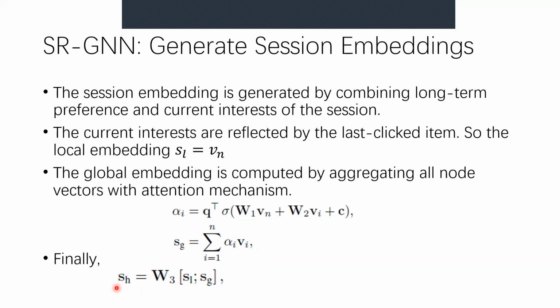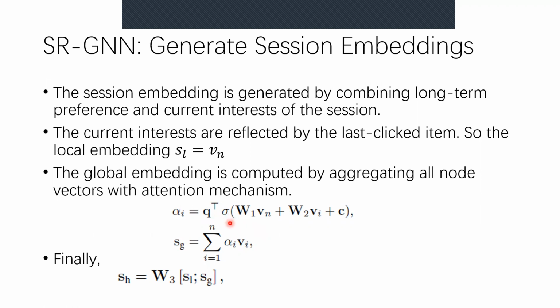session embedding. Can you explain the alpha I? It's the attention score for item VI. And what's inside sigma?